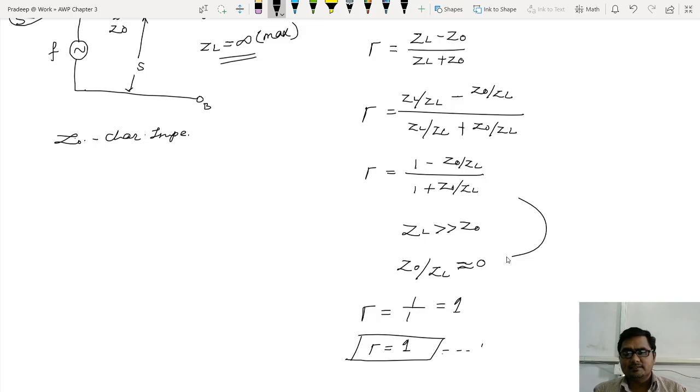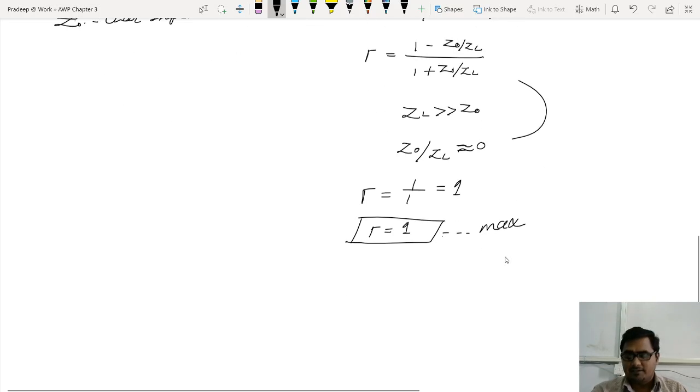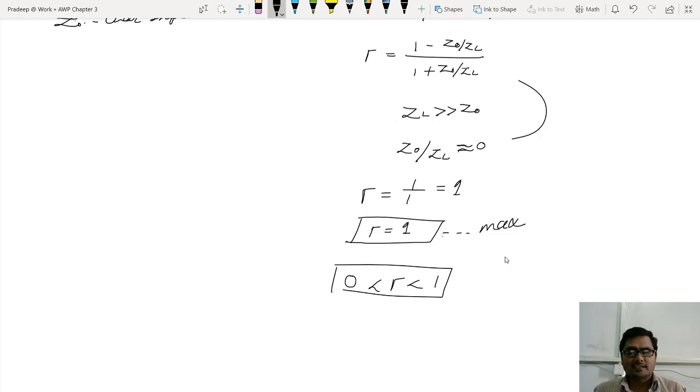It means this is maximum reflection, because we know that the reflection coefficient has its value between 0 and 1. It has a range bound, 0 to 1. And for this transmission line, I am getting a reflection coefficient equal to 1. It means I am getting maximum reflection.